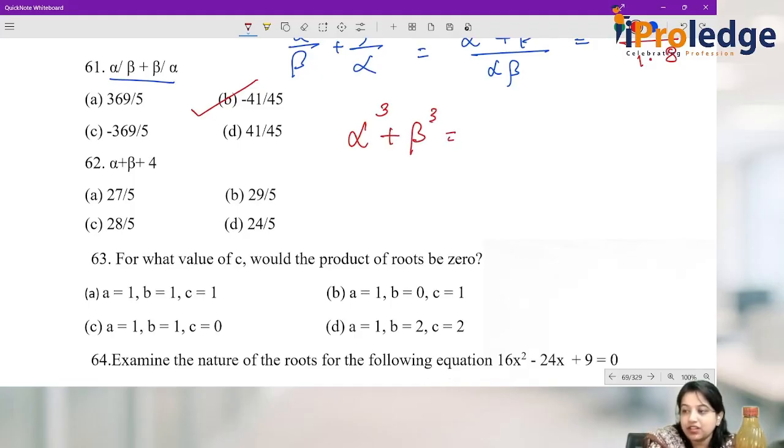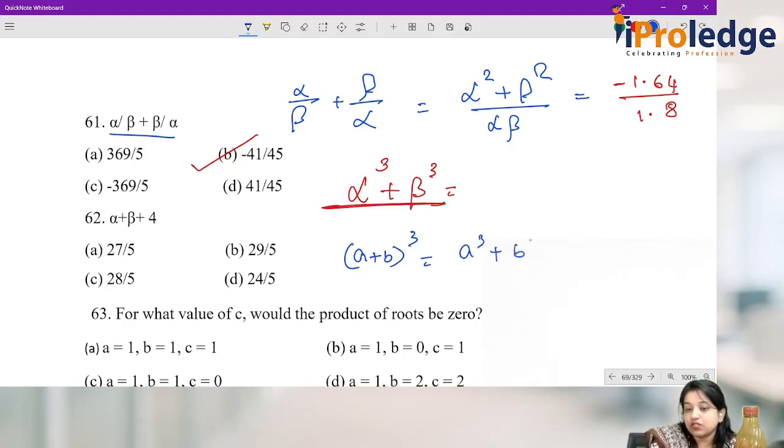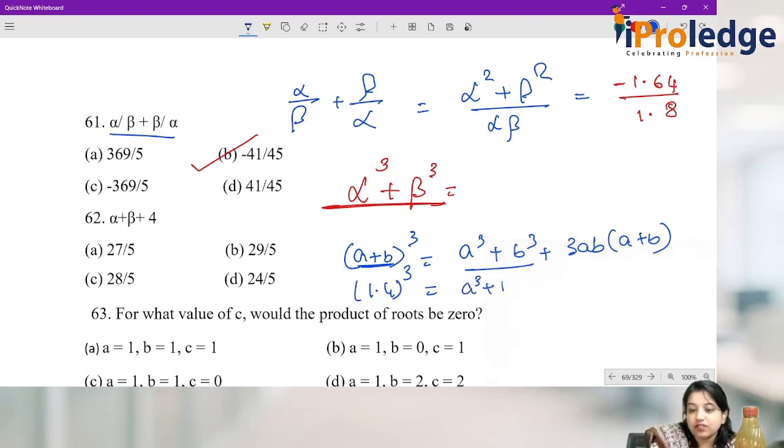Tell me what answer comes. What's the formula for alpha cube plus beta cube? Okay, which formula should we take? Very good, tell me. a cube plus b cube equals (a+b) cube, what is a plus b? 1.4 cube, keep a cube b cube as it is, plus 3 into ab into 1.4.